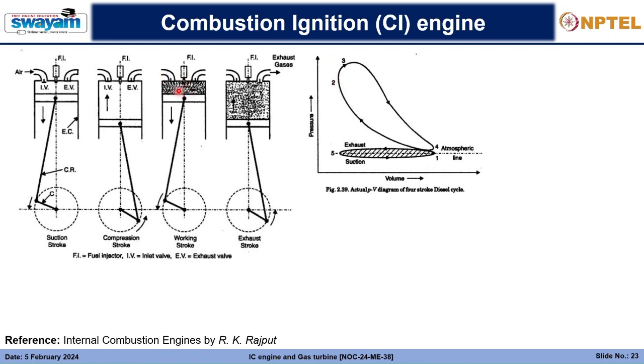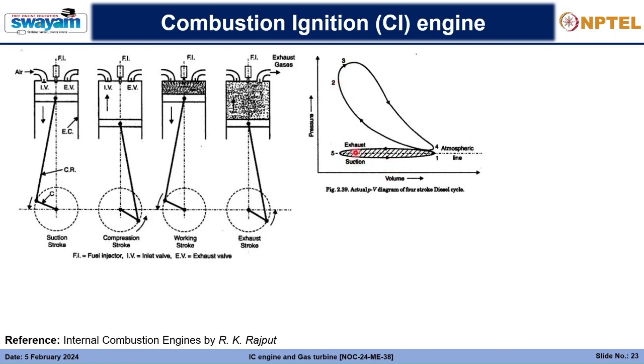Just when the piston reaches the top dead center and starts to move towards the bottom dead center, only then does the fuel injector inject the requisite amount of fuel and the ignition takes place. Accordingly, you will find the pressure remains almost constant whereas the volume is increasing. And finally, you will have a working stroke.